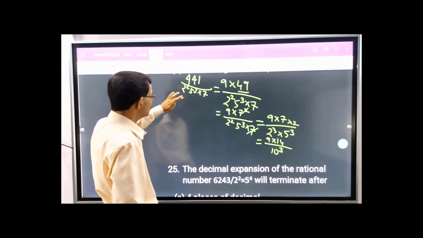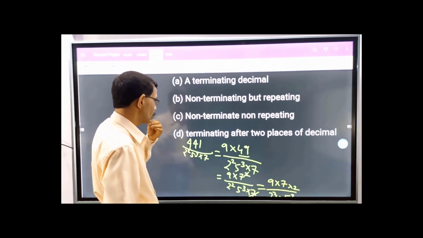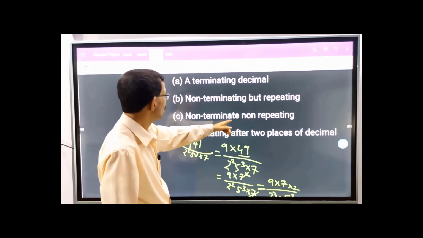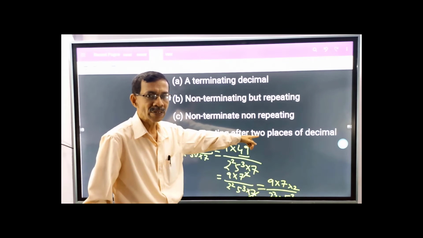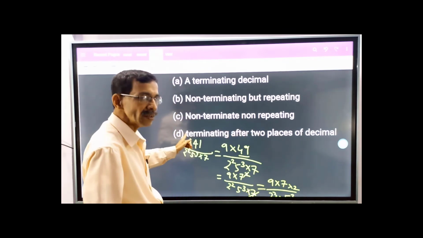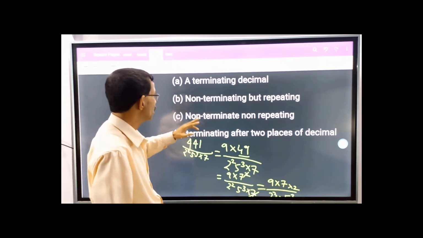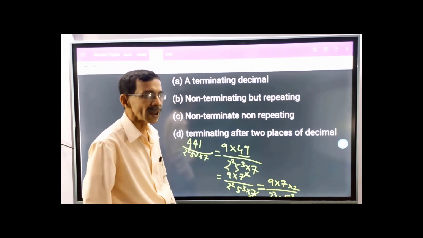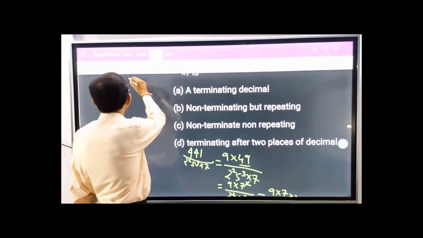And now let us check the options. Option D is terminating after 2 decimal places, but ours is terminating after 3 decimal places. So this D is not a correct option. Non-terminating, of course it is not there. It is a terminating decimal. So the option is option A.